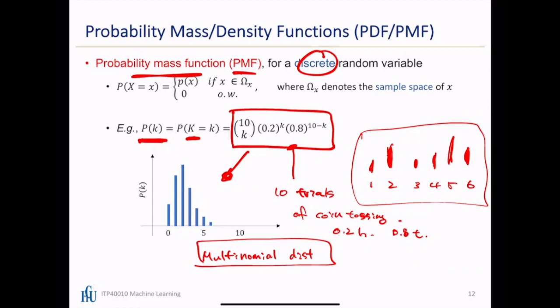You do the coin toss 10 times, and this is the probability distribution of how many times you will see head eventually. With this probability, you will see 0 heads. With this probability, you will see 1 head. With this probability, you will see 2 heads, and so on.